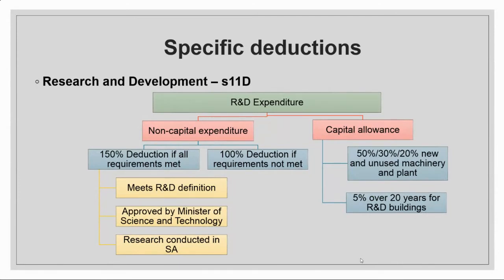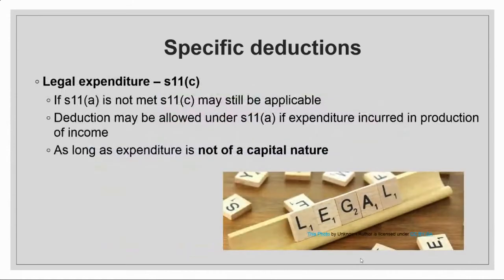So just to remember, it's generally 150% if the requirements are met, otherwise 100% if it's a normal expense. If it relates to a capital asset, so new and unused machinery and plant, it's the 50-30-20 rule, or for buildings 5% over 20 years.